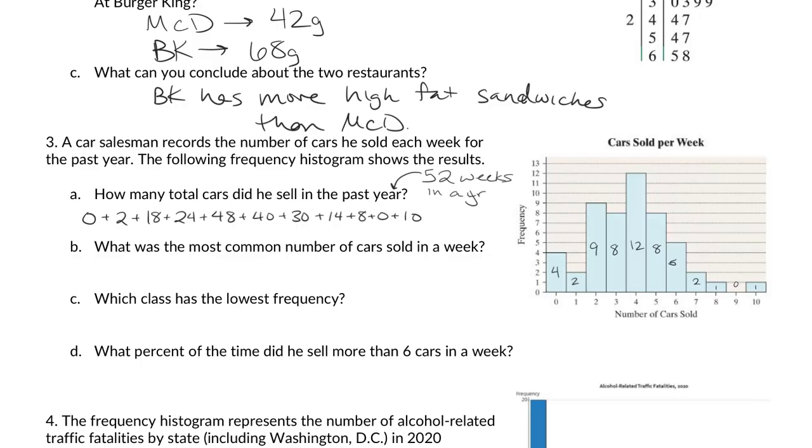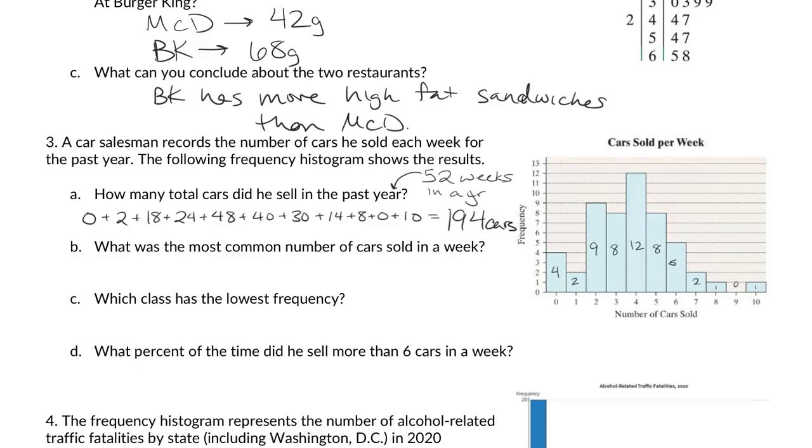That's the number of cars for each week multiplied by its frequency that occurred. If we added all these numbers up, and I would trust you to trust me to add my numbers correctly, we would get 194 cars total.